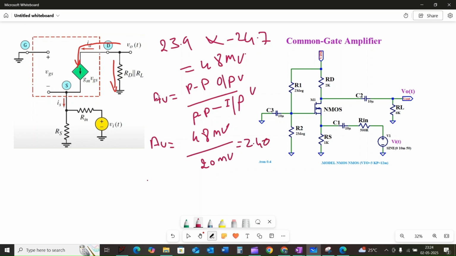The simulation result closely matches our calculation, confirming the accuracy of our analysis.